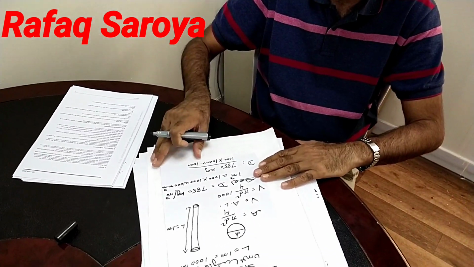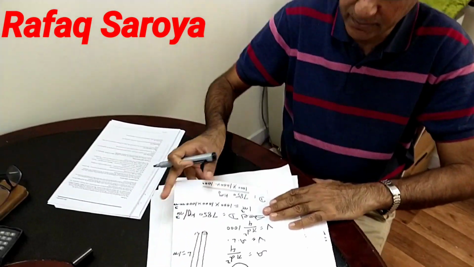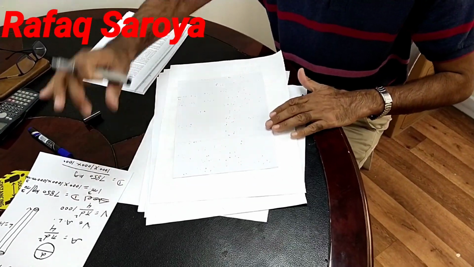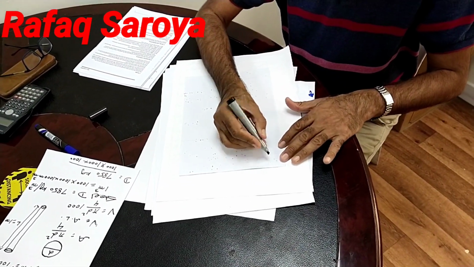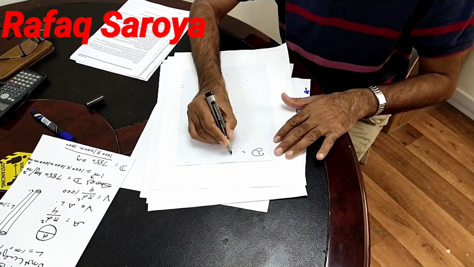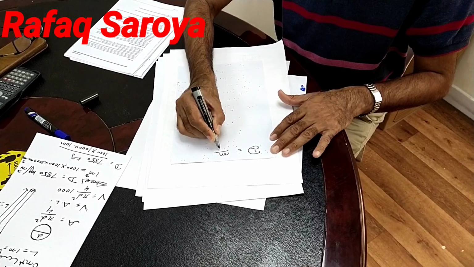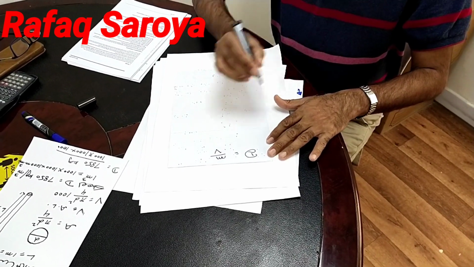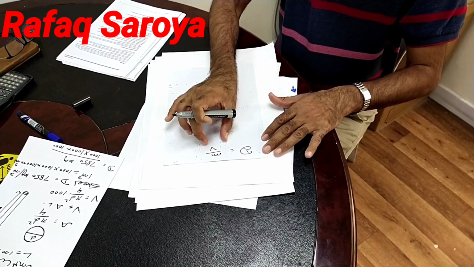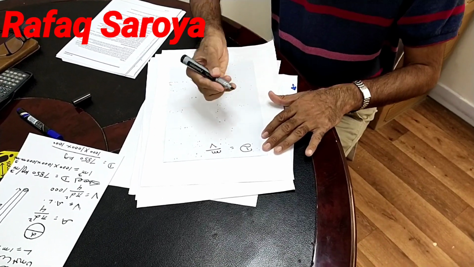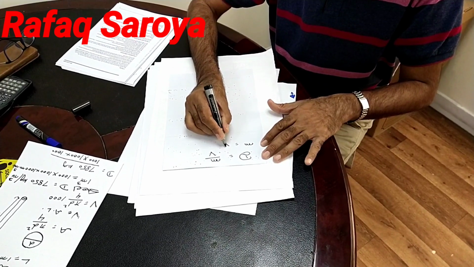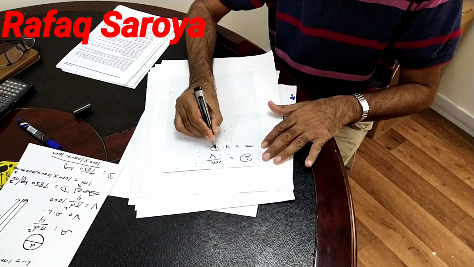Next, I will use these two equations, very fundamental equations which we are often studying. Density is equal to mass per unit volume. This density is known, this volume is known, and this mass we have to find out. Then this expression will become mass is equal to volume into density.